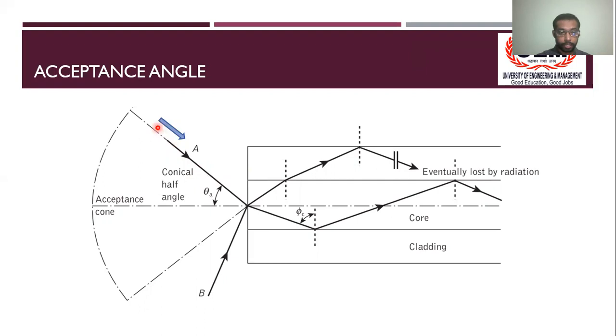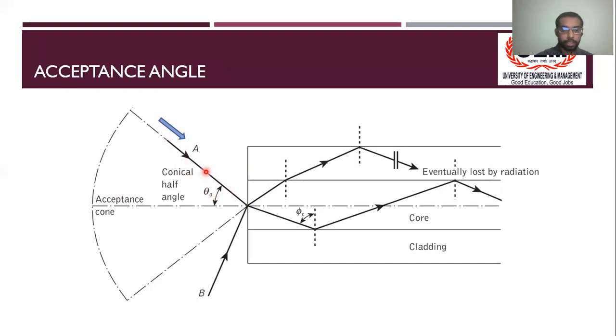This path of light, denoted by A, is falling into the fiber optic core at the edge of the air and core medium, where the light falls at an angle of theta A. Now this theta A is nothing but the acceptance angle. We'll come to it later.